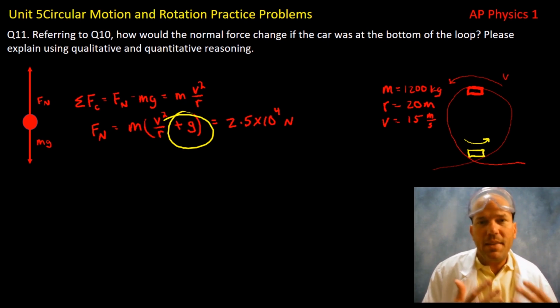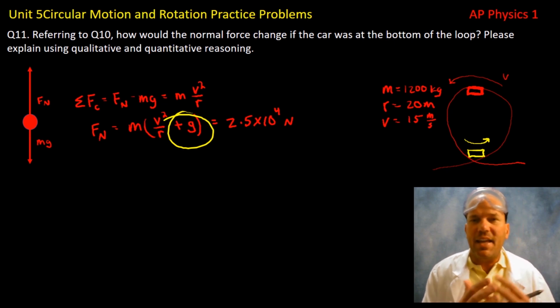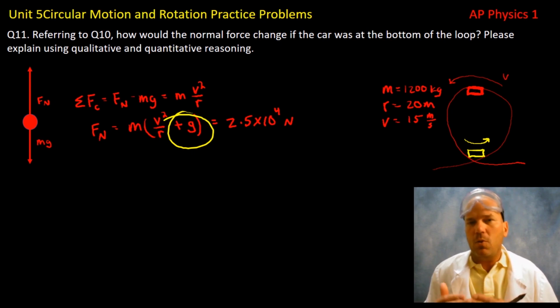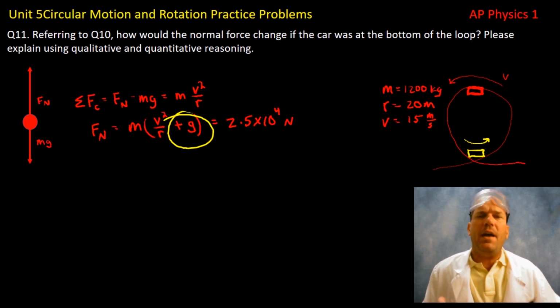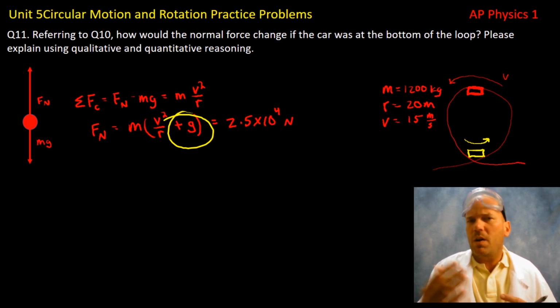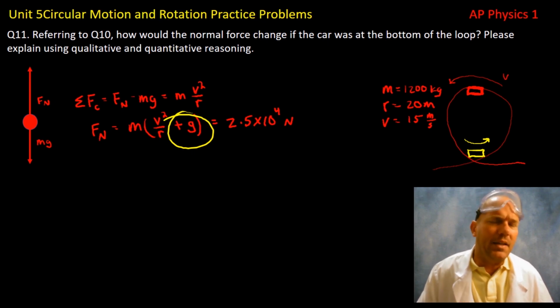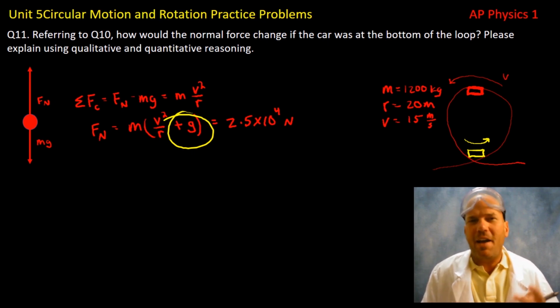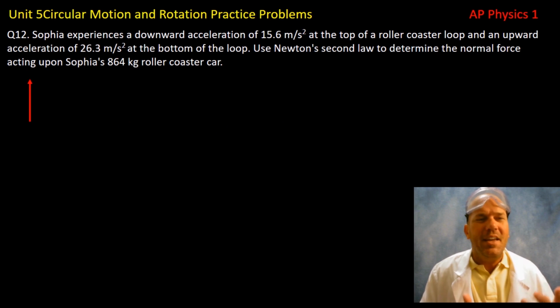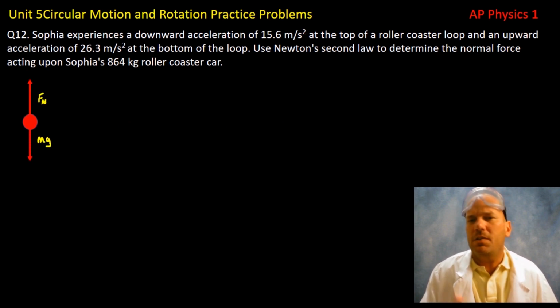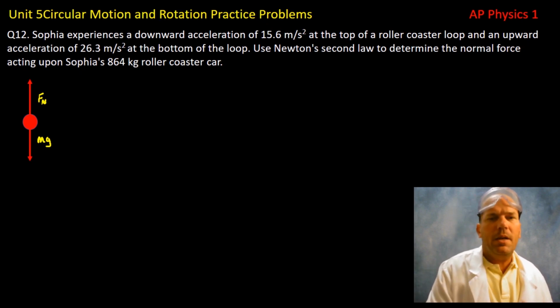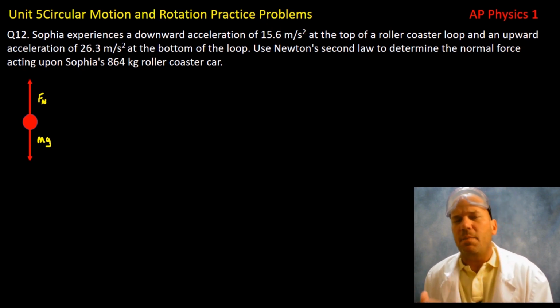Again, we're showing this semi-quantitatively in both questions 10 and 11 by analyzing the scenario at the top and bottom, by summing the forces and factoring out mass to really show whether we're adding or subtracting the acceleration due to gravity, little g. In question 12 here, Sophia experiences a downward acceleration at the top of a loop and an upward acceleration at the bottom of a loop.